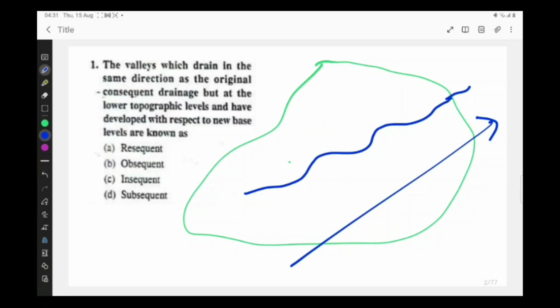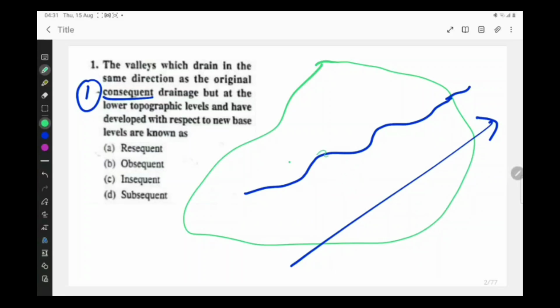Right, so this major river or major stream is called the consequent stream or consequent drainage. This is of the highest order.